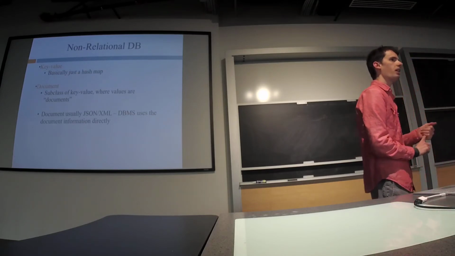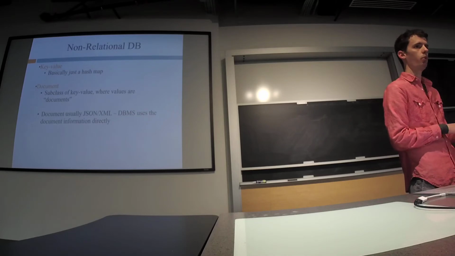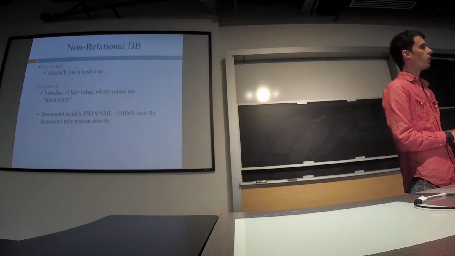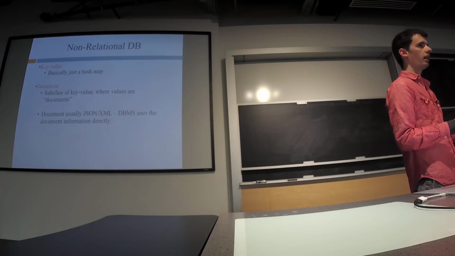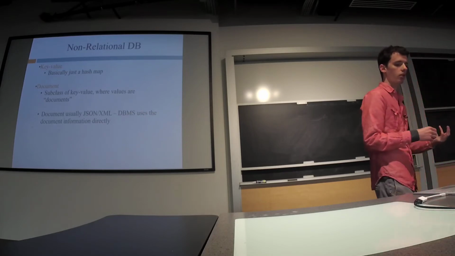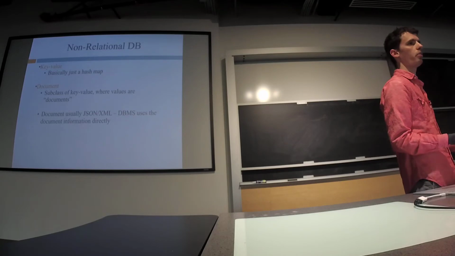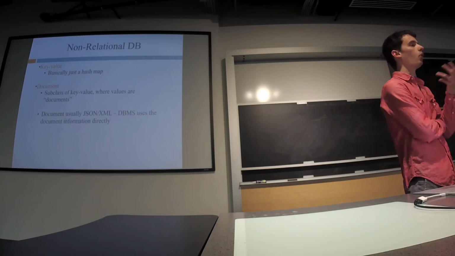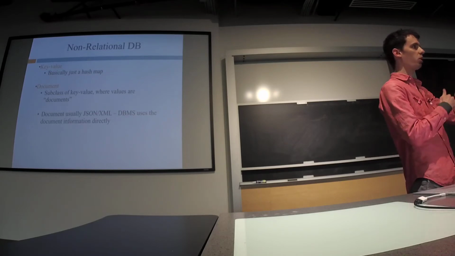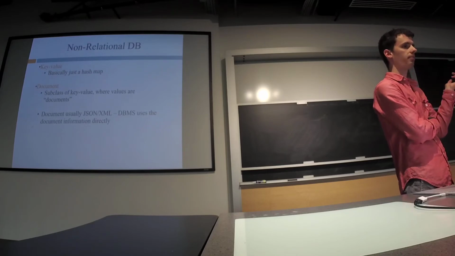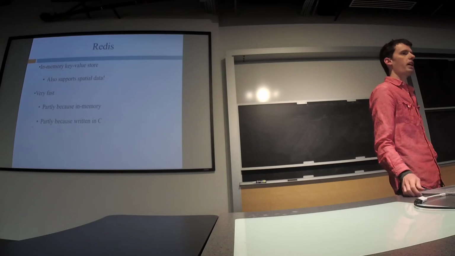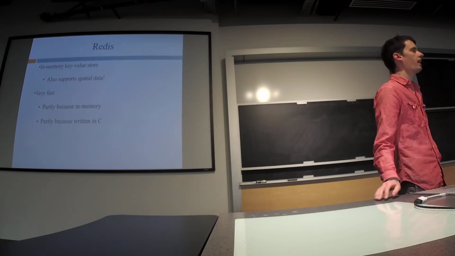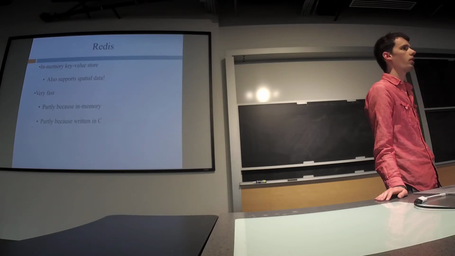And then a document database is a subclass of key value store where the value is what they call a document. That doesn't mean it's a file. Document usually refers to a JSON object, or some XML. Some snippet of XML would be a document. Okay. So Redis is one of, if not the most popular key value store database.